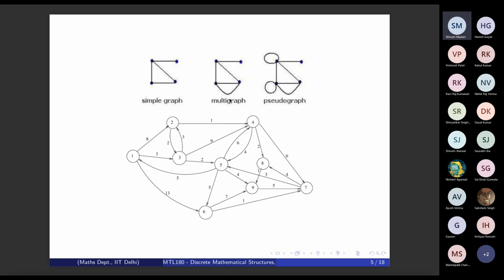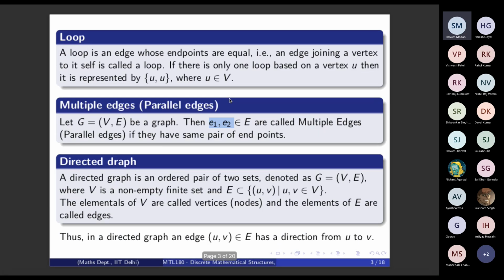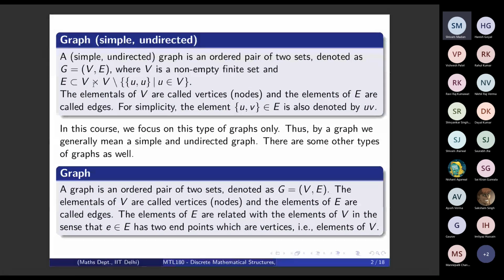Only for the simple graph did we say that E is a subset of V cross V. But when we say multigraph, we did not mention that E is a subset of V cross V, because we generally do not write edges in terms of UV. When there is exactly one edge between U and V, then we write the edge as UV.